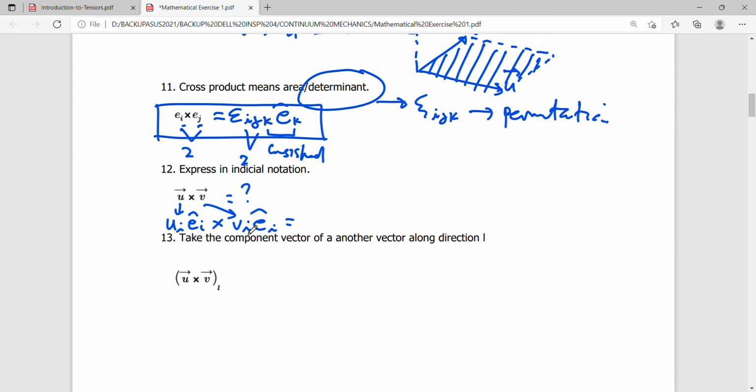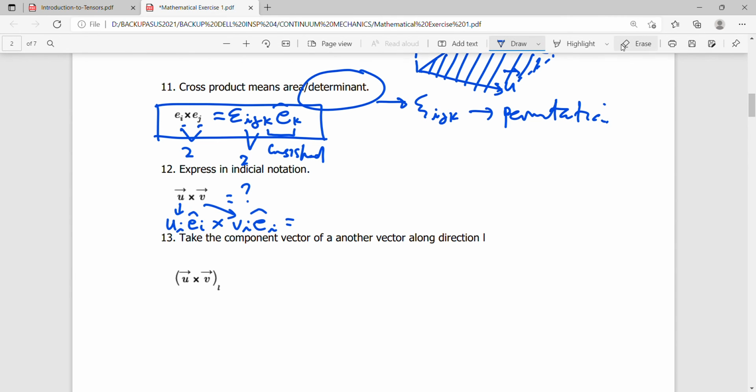Sorry class, these are not both i's, because it will actually be a different vector, so this must be changed into a different index in general. Of course, sometimes the problem will lead you to the same index. So in general, this is U_i e_i cross V_j e_j.